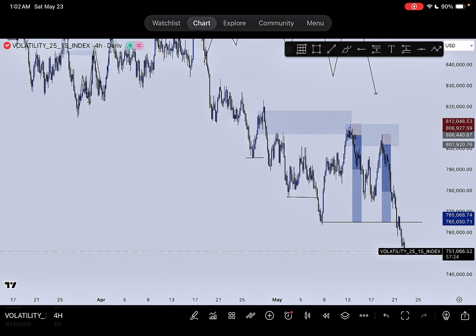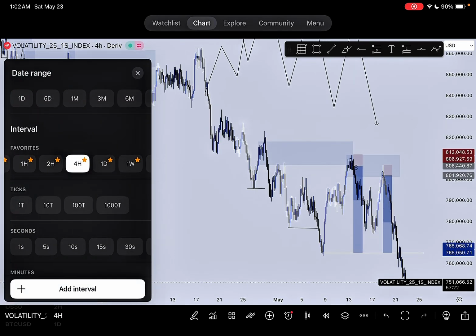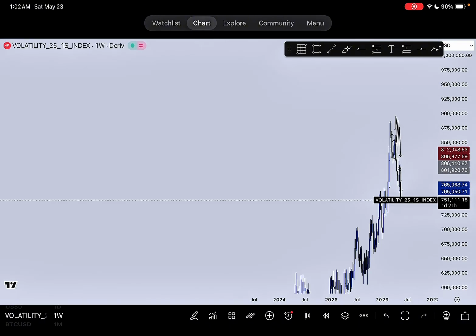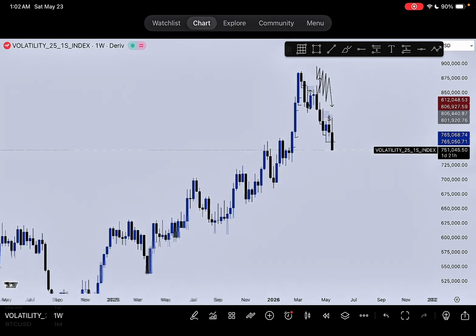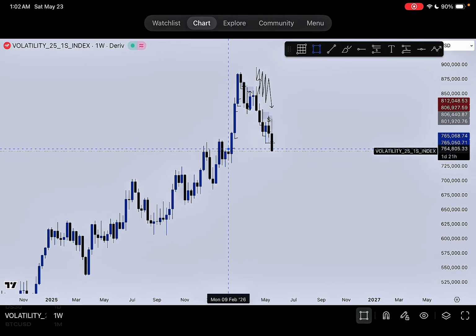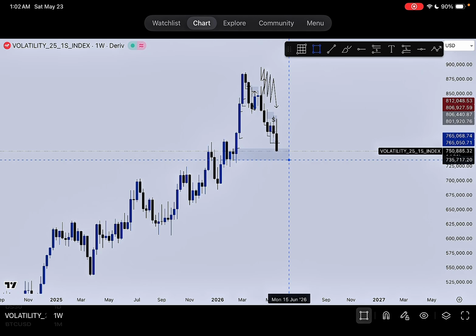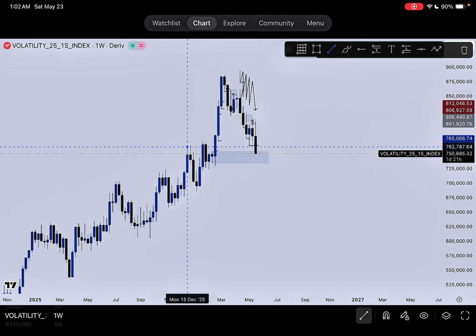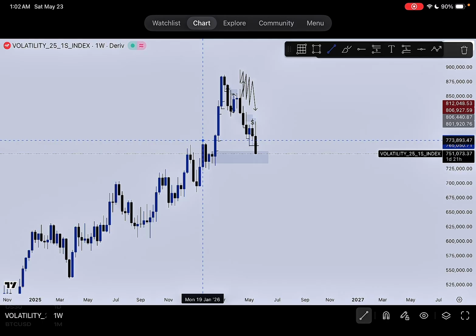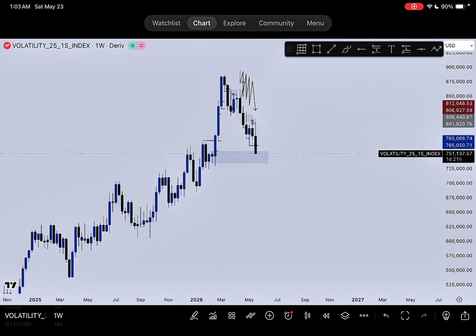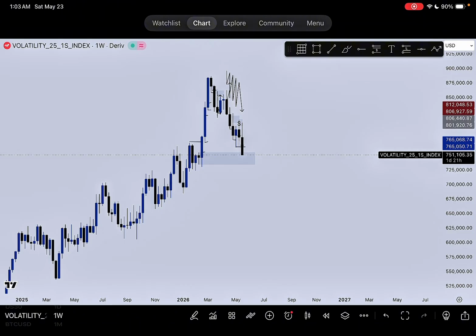So if I should buy this market now, we can clearly see from the weekly here now, if there's any chance that this market should buy, it should be from this zone, because this was the last break of structure. And where's our point and key zone?